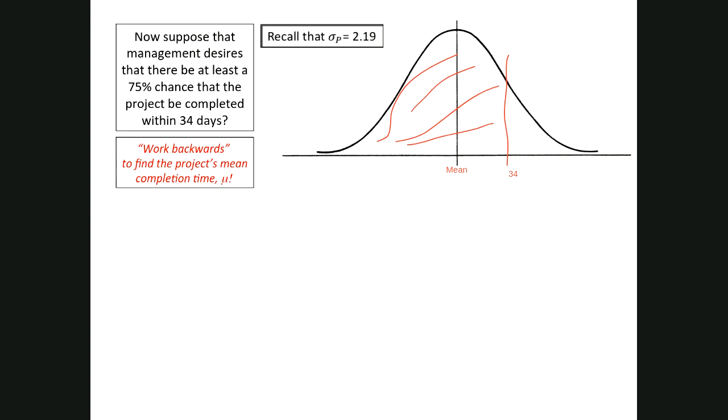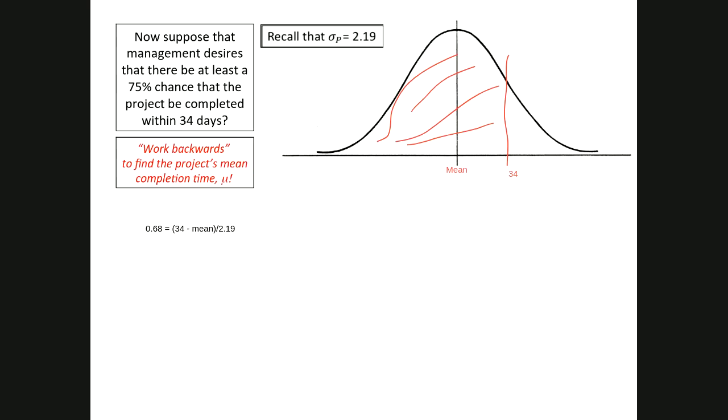And we're going to use that to find the mean. So we're going to do a little arithmetic and a little algebra. First of all, I'm going to multiply through by 2.19 times 0.68, and that's going to be equal to 34 minus the mean.